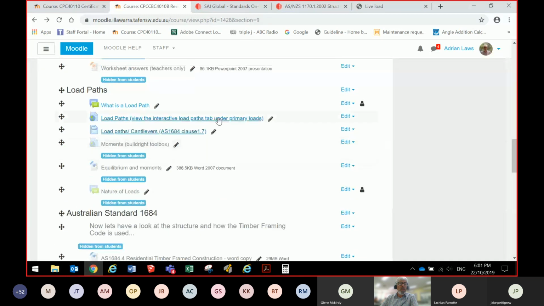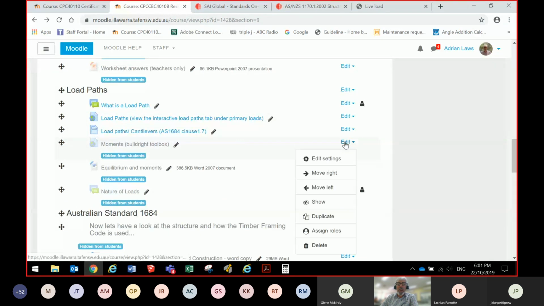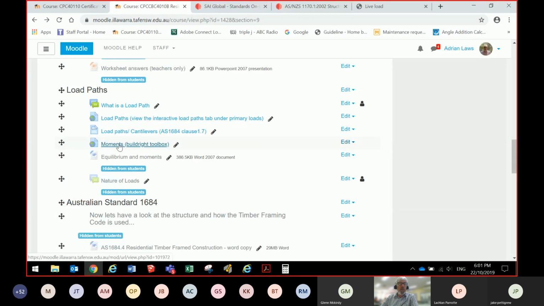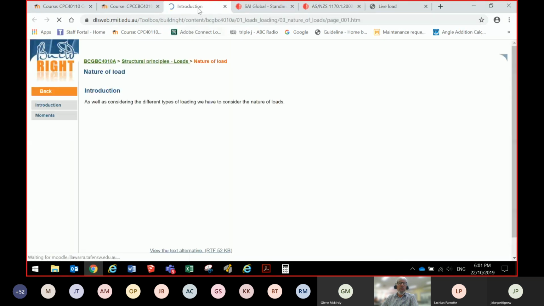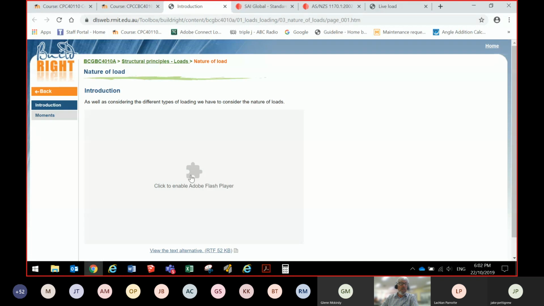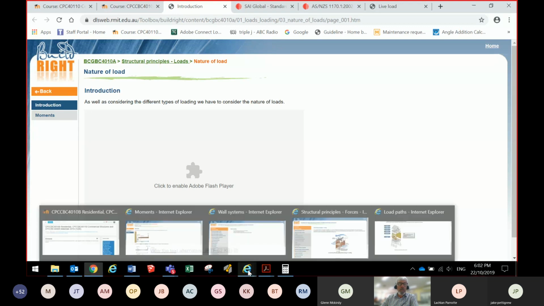So I'm going to jump back here and open up this next thing, which is the Moments Build Right Toolbox. Once again, we've got that Java thing there, which most of you will come across. So I'm going to open it up in my other browser, which I've got open.